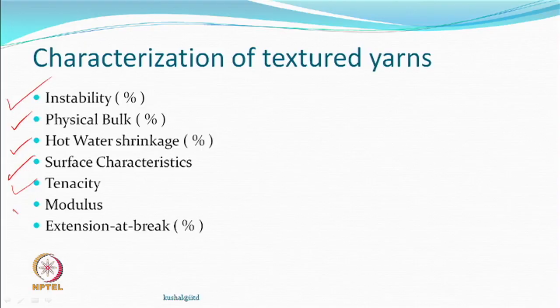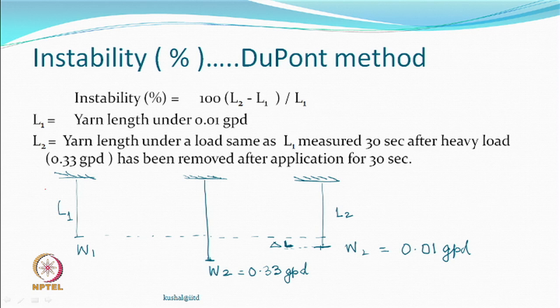Of course, you will be interested to know about the modulus, which means how much resistance is being offered, and extension at break. These are some of the things which you may be able to measure in the normal way, the way you measure anything. This yarn obviously does not have stretch, instability.